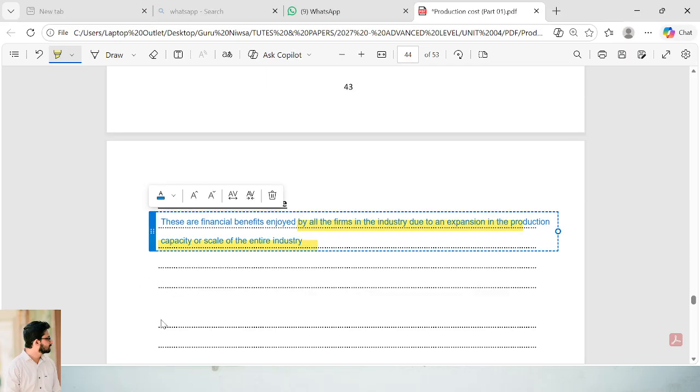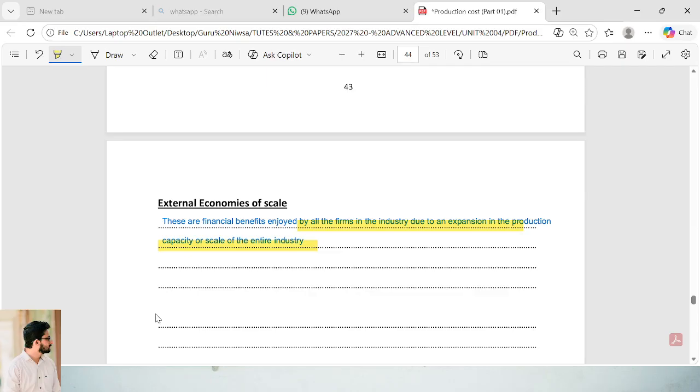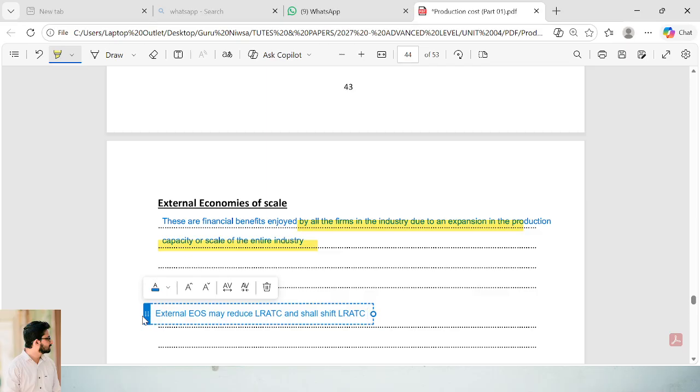Next point, write down my second point. External economies of scale may reduce LRATC and shall shift the LRATC curve downward.